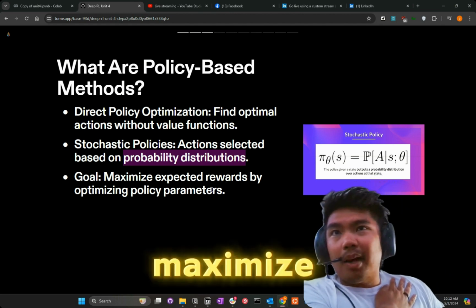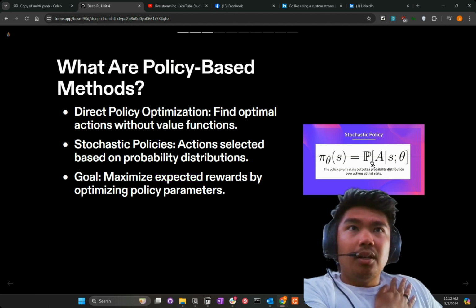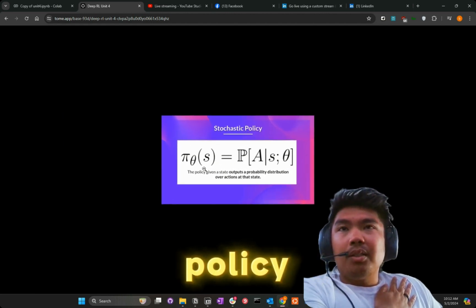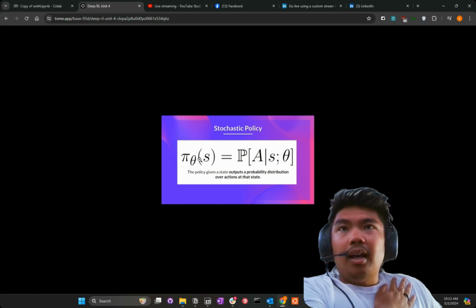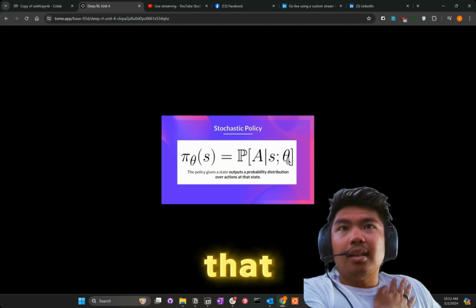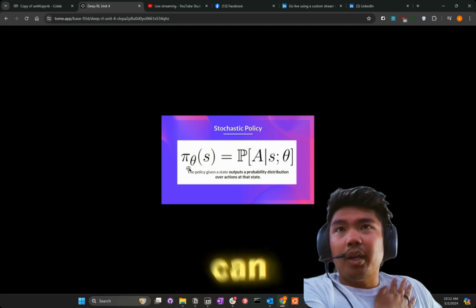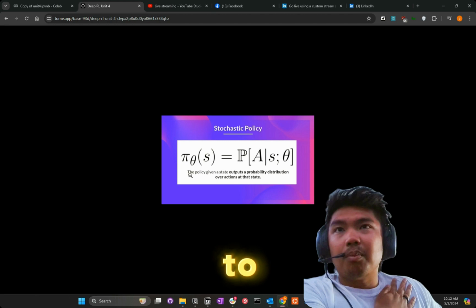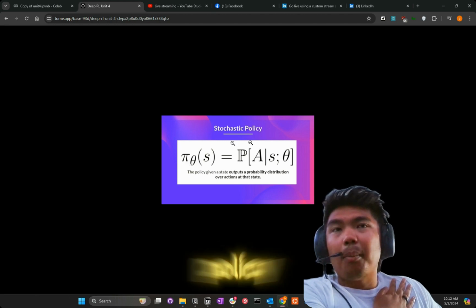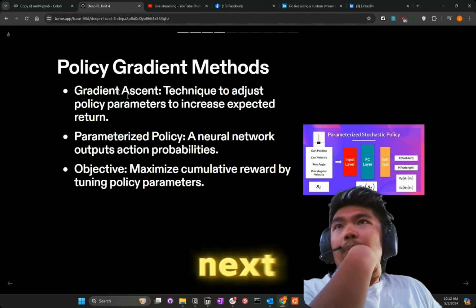And the goal is to maximize expected rewards by optimizing the policy parameters. So the stochastic policy, theta, state, gives a probability distribution of actions at a state with that theta, which is the parameters that we can optimize, used to train our policy.